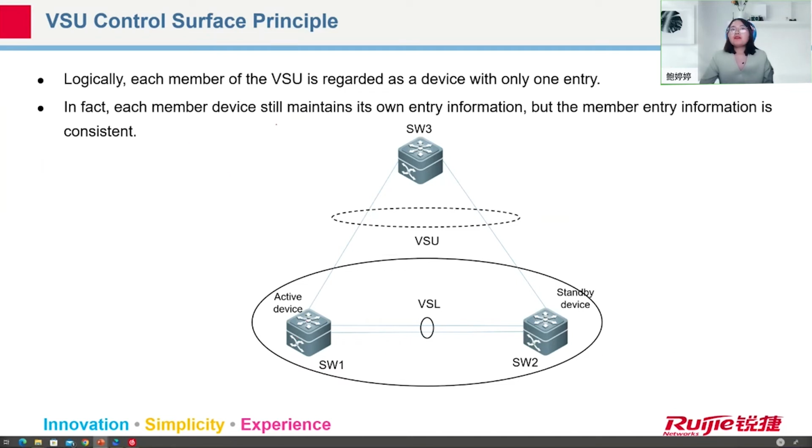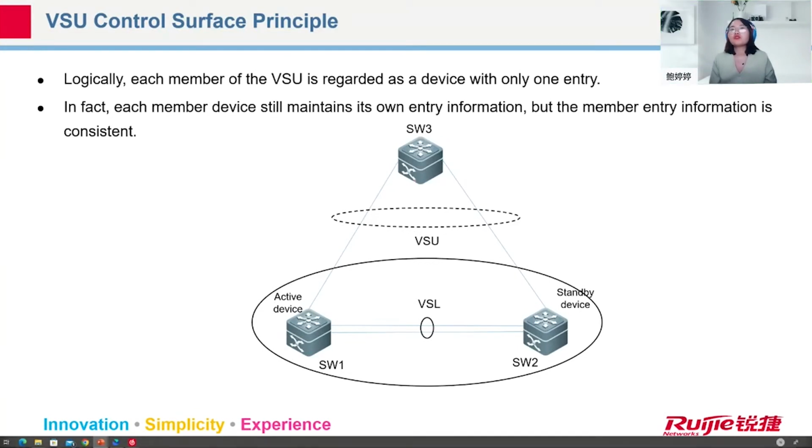And each member device will maintain its own entry information. That means on switch 1 we will see a table, and on switch 2 we also can see a table. But the difference is that all the member entry information is consistent. So logically, for switch 3, we only have one entry. And for each device, one entry, but the information is consistent.